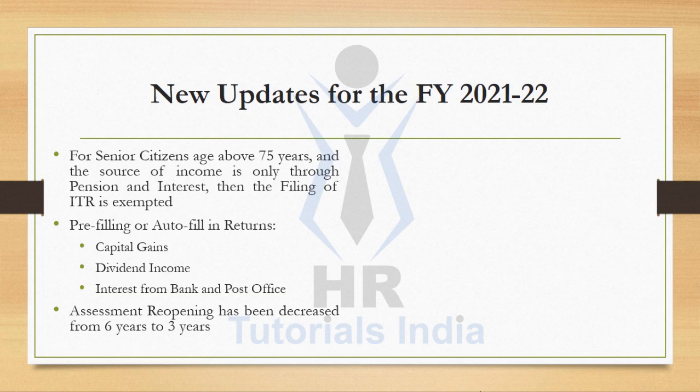But now, in the financial year 2021-22, autofill will give a clear picture about the capital gains, dividend income, and also the interest from banks and the post office. During the financial year 2021, the assessment reopening was for 6 years, but that has been decreased to 3 years in the financial year 2021-22.